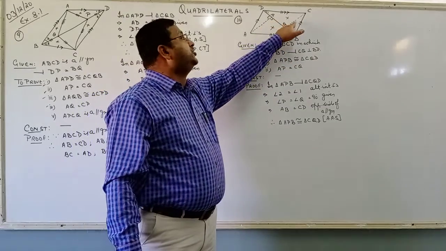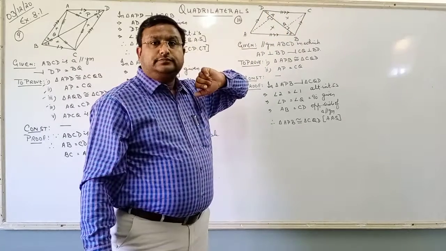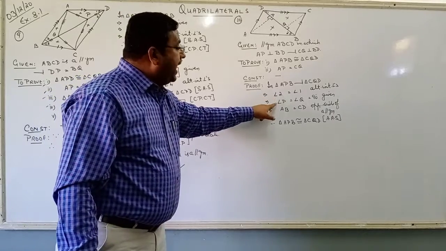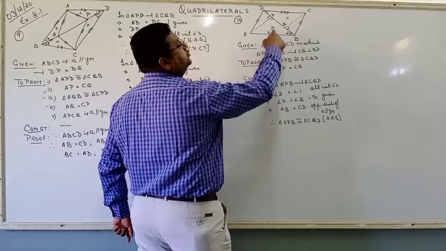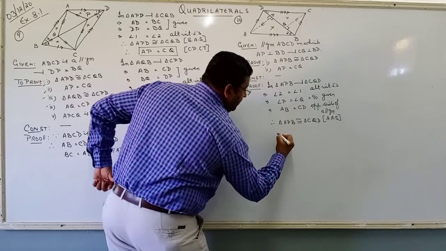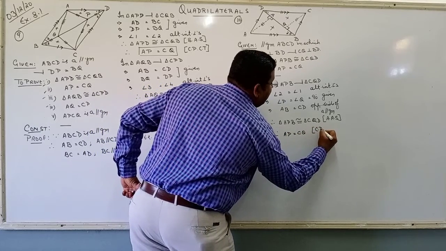Is this AP equal to CQ? No. Is this PB equals to DP? No. Right? So it cannot be RHS, it has to be AAS. Two angles are equal and one side is equal. First part done. And if these two triangles are congruent, is this perpendicular AP equals to CQ? So therefore, AP equals to CQ. Reason, CPC.